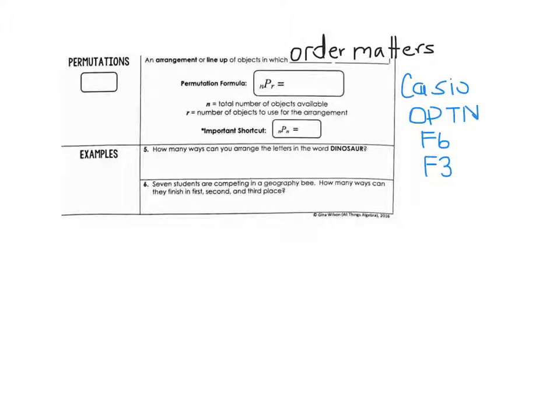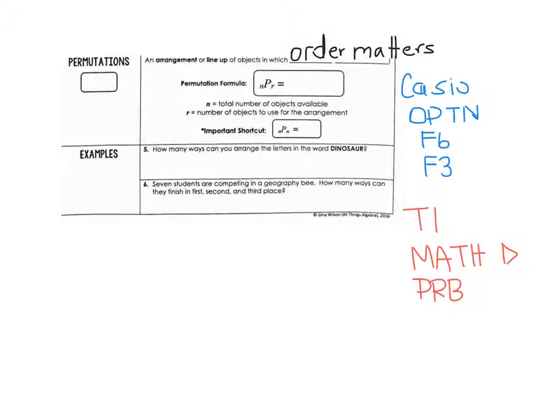Okay, TI users, you need to go to your math button. And then you'll have to arrow over. Sorry, I don't remember how many times. I think it's more than once. But TI is at school, not at home, so I can't remember. Arrow over until you see PRB. That's your probability list.